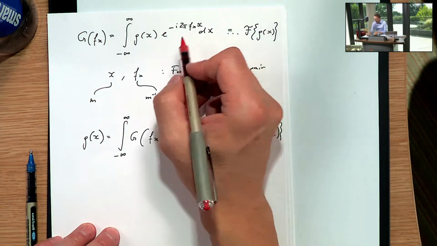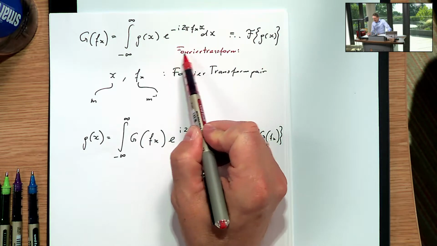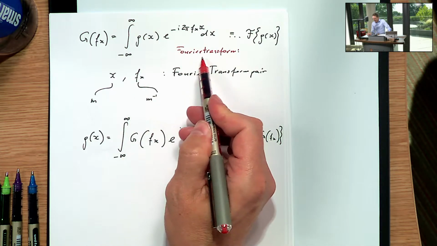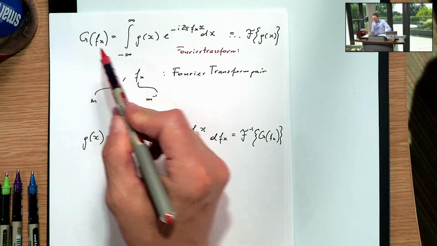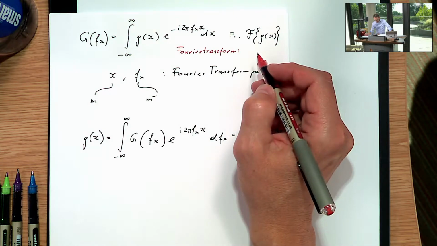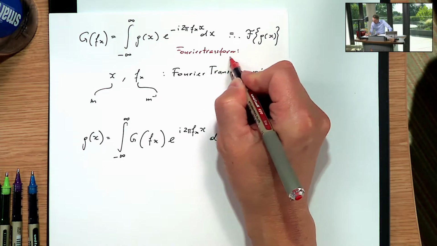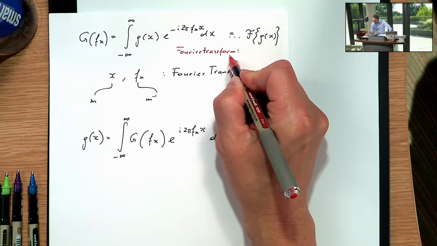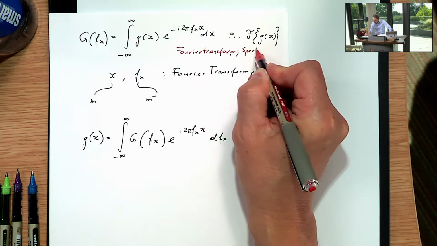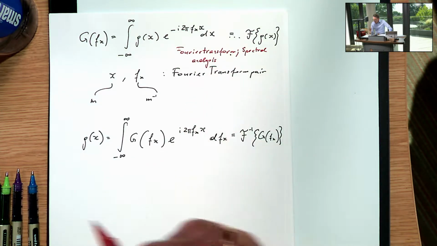I would like to pause here. So this operation is the Fourier transform, and what it does is return the spectrum of the function g of x. You can also call this the spectral analysis if you want, because you get the spectral features back.